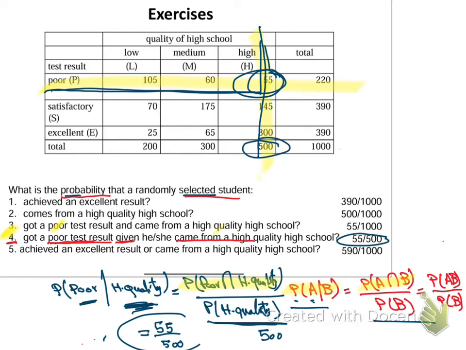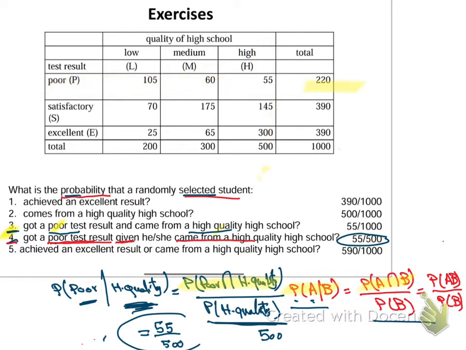So we can recognize the difference between 3 and 4. In 3, it was a straightforward intersection between the poor result and coming from a high quality school. So it is 55, divided by the overall total, because it is not a given case, it is normal probability.